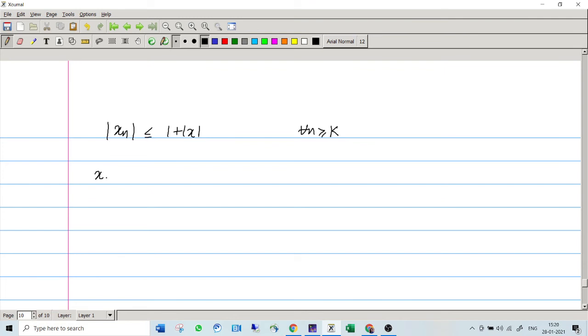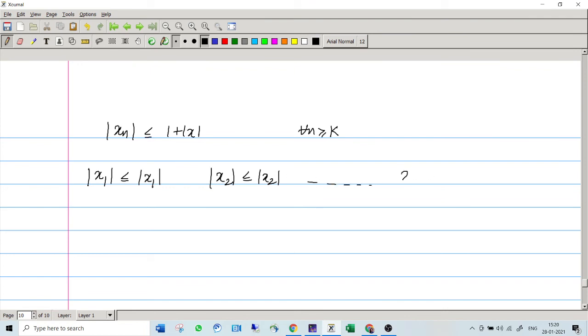कैसे? देखो, x1 will be bounded by mod of x1 of course, x2 will be bounded by mod of x2 of course, होगा। You can see ना, like अगर x1 होता let's say -1 तो उसका बाउंड हो जाता 1, x2 होता -2 उसका बाउंड हो जाता 2, right? Can you imagine the example now?